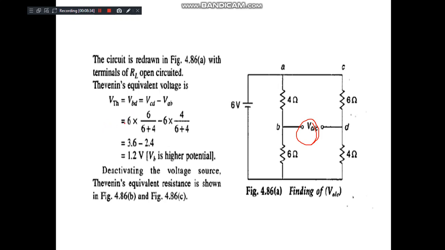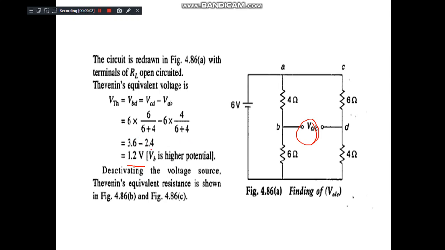By using the voltage divide rule we can calculate the voltage. This is the supply voltage, and this one is the opposite resistance by total resistance in this branch, and here opposite resistance by this total. So finally we got 1.2 volts, that is the potential difference between the 2 points.